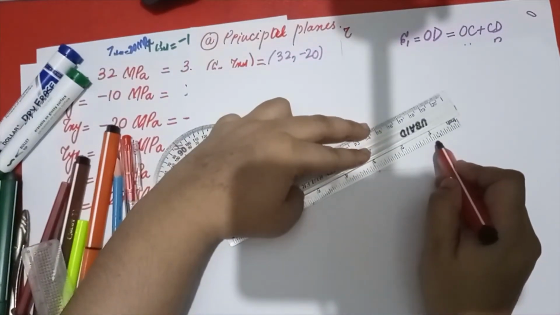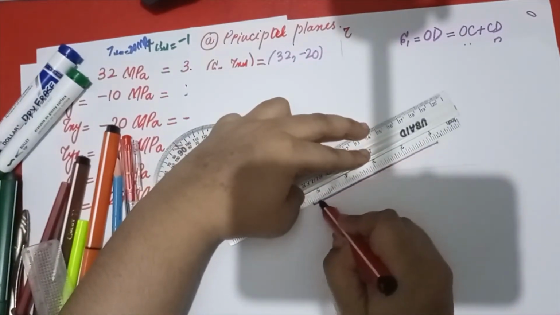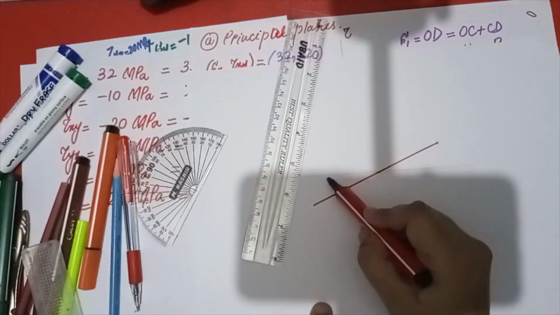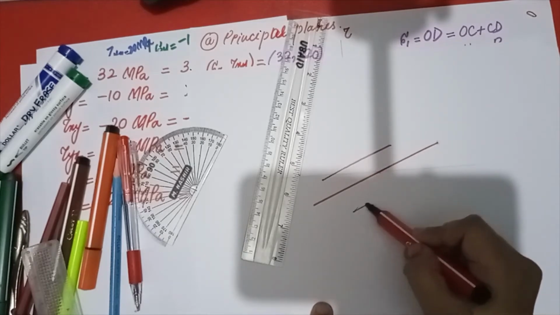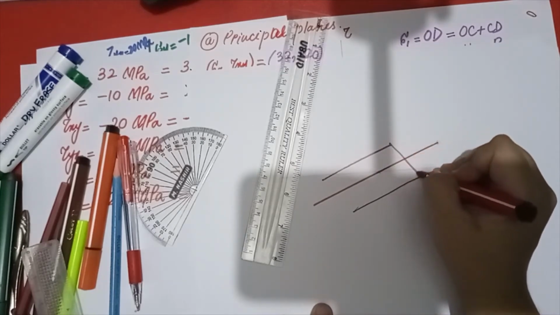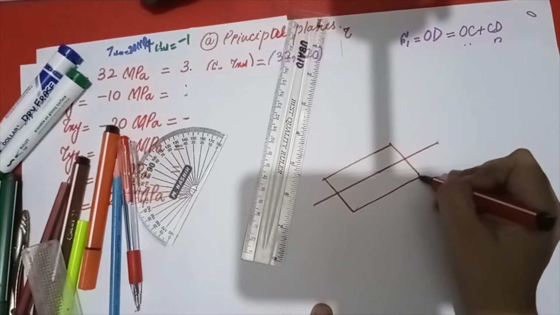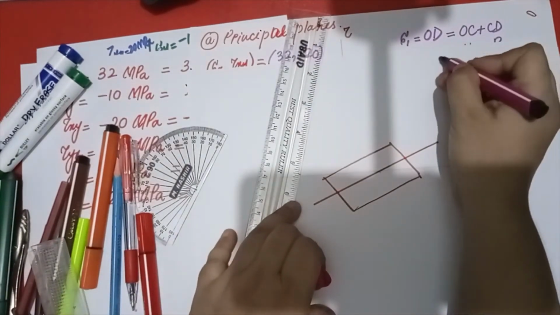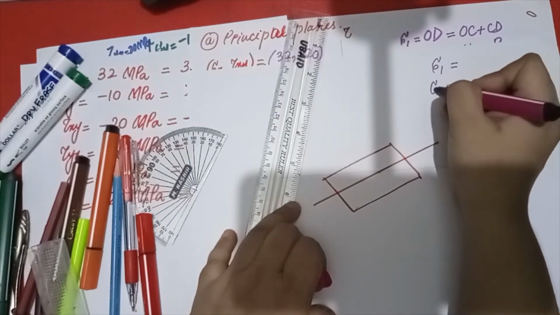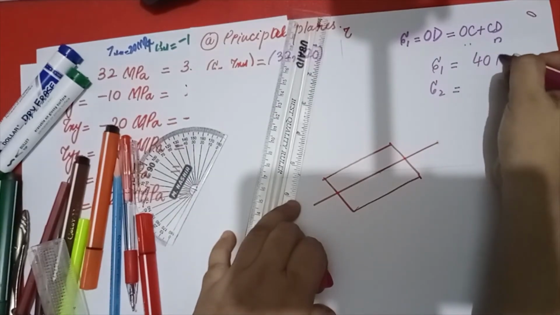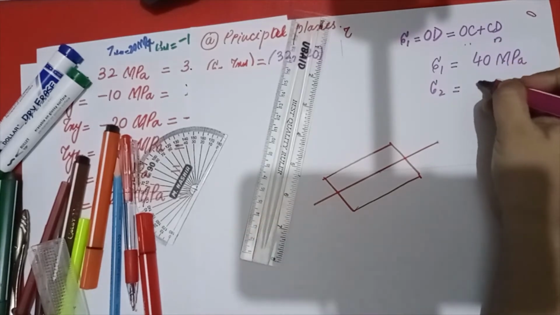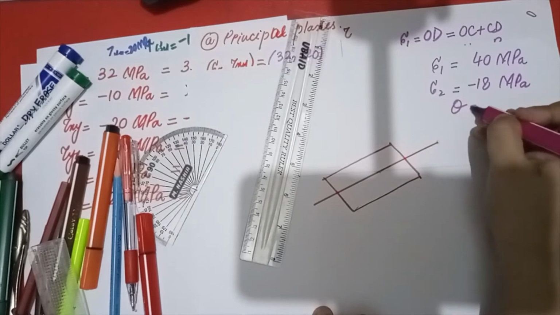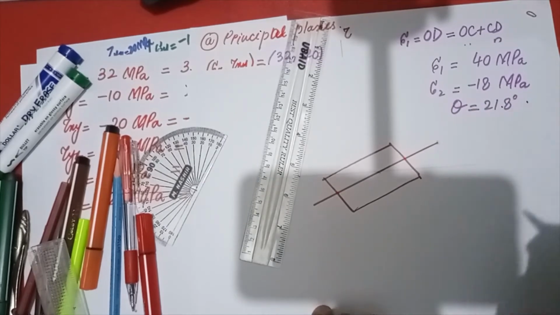Now I will draw this line here like this, and you have to draw a parallel line with that line. This one, you have to make the box like this. Now you know you got the values sigma 1 and sigma 2: 40 ampere, and sigma 2 was 18 ampere, and theta was 21.8 degree.